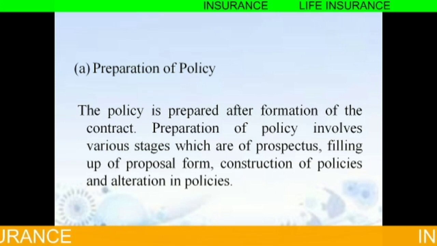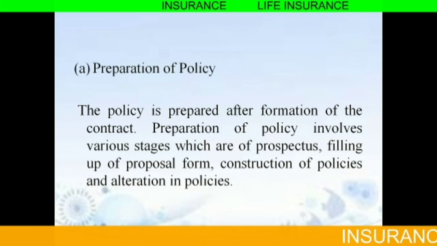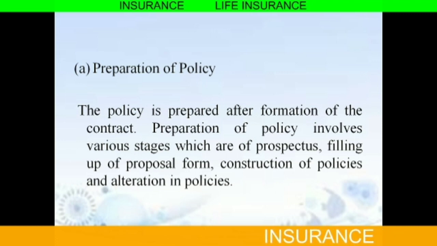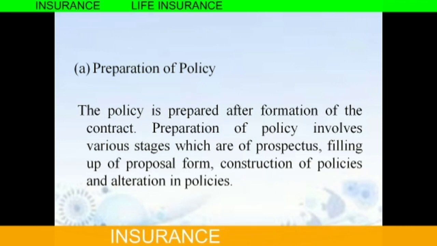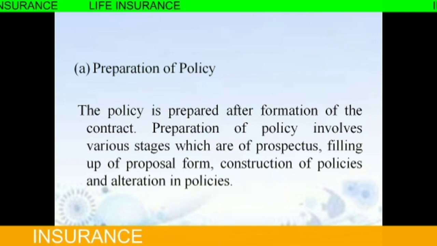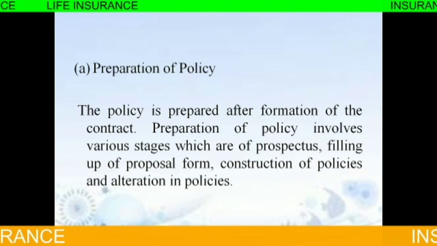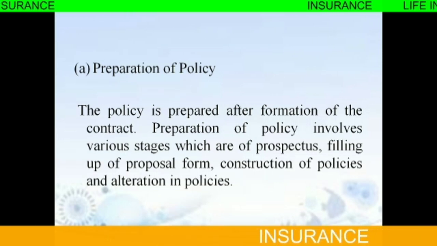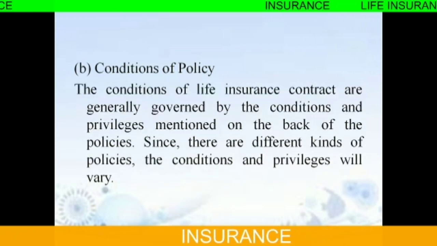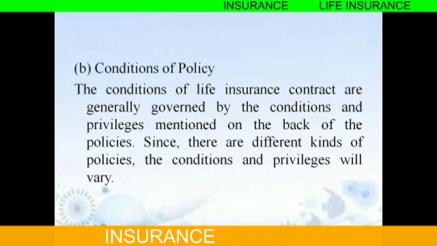The policy holder has to go through all these things: the prospectus, how to fill up the application form, how to construct that particular policy, and if some alteration has to be made, how to make that alteration. And the second one is the conditions of the policy.